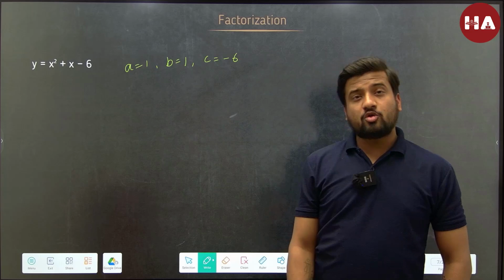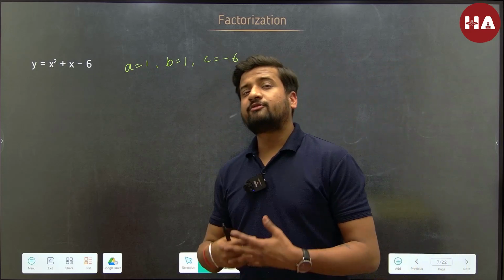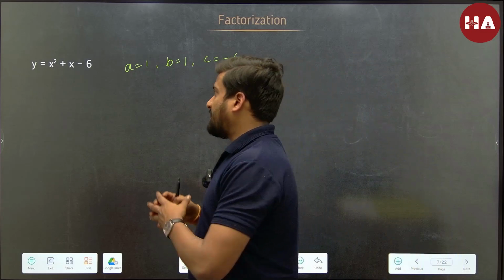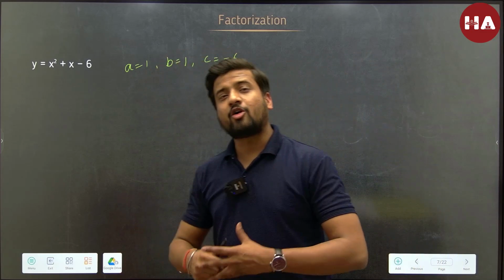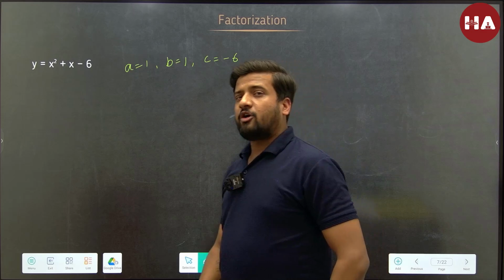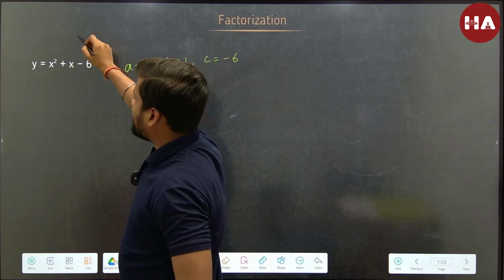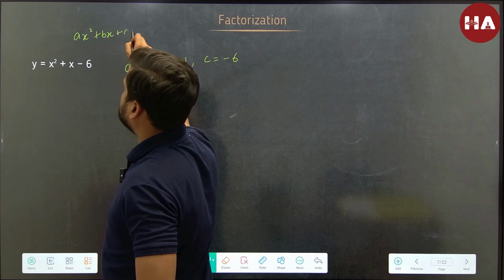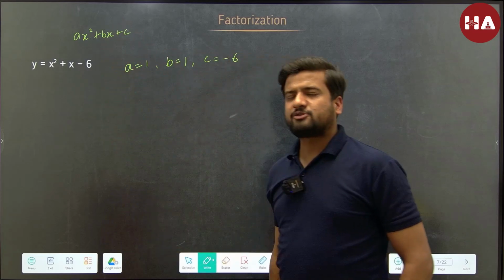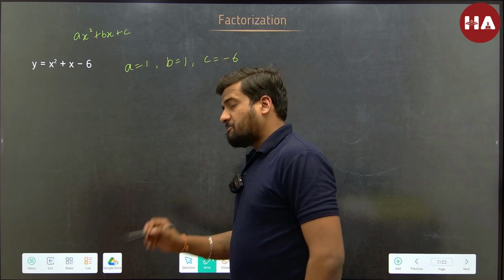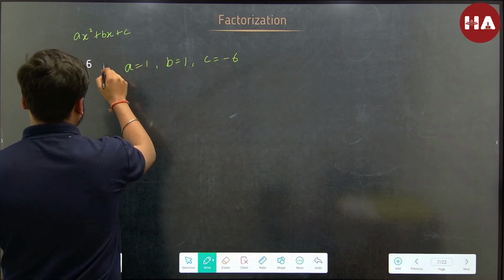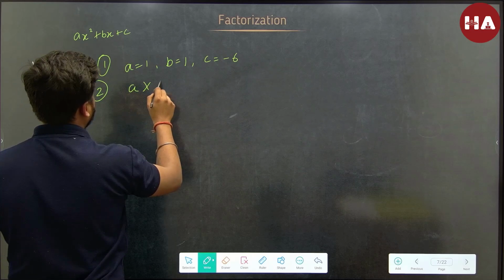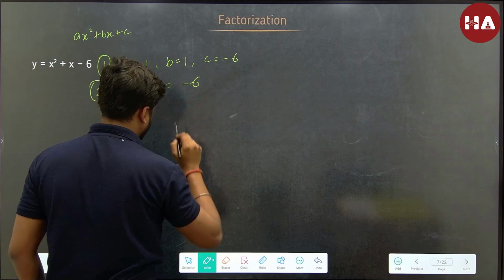For those who don't know how to solve factorization questions, let me give you a detailed study. First of all, compare this with ax square plus bx plus c. From that we get a as 1, b as 1 and c as minus 6. That's your first step. Second step is find a times c, that is minus 6.